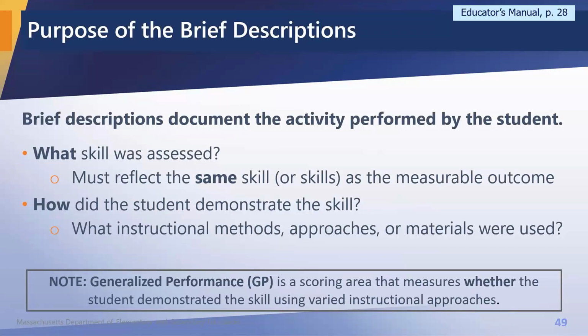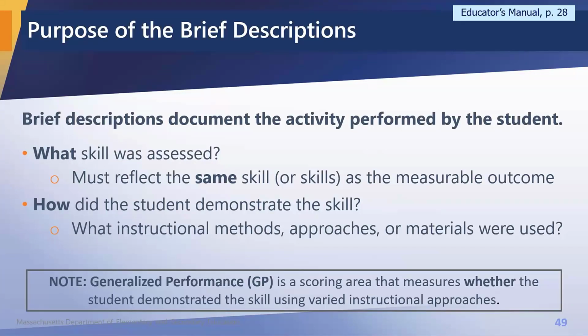Was it a small group or a game format, or was it using a computer, or anything that would tell us the instructional method or an approach or the kind of material that was used. The how is also considered generalized performance. I don't typically talk about scoring areas, but I want to just let you know that is an area that is scored when you get your feedback form back.